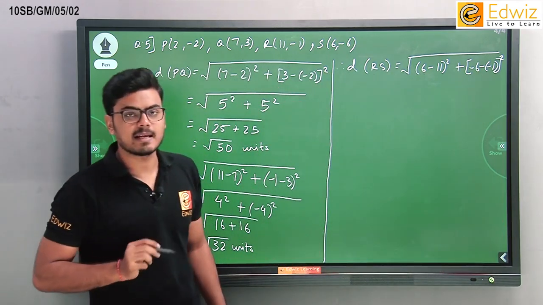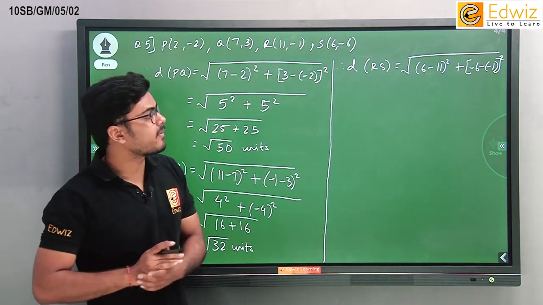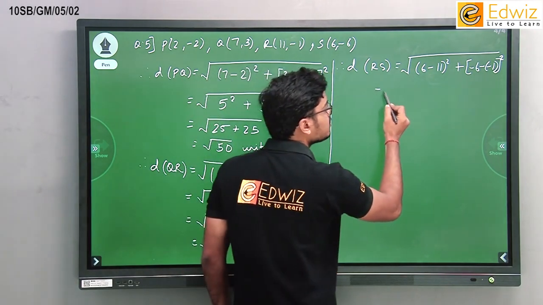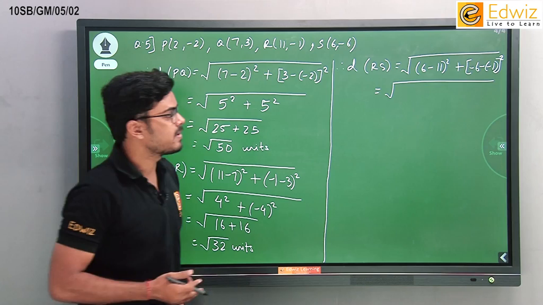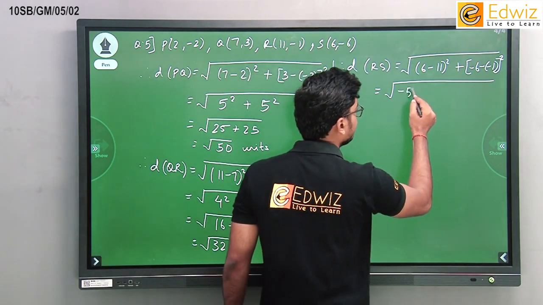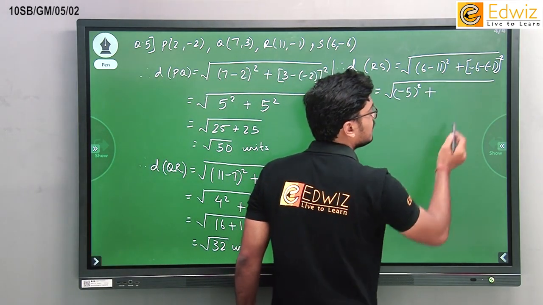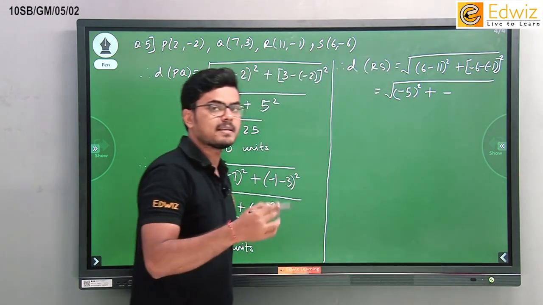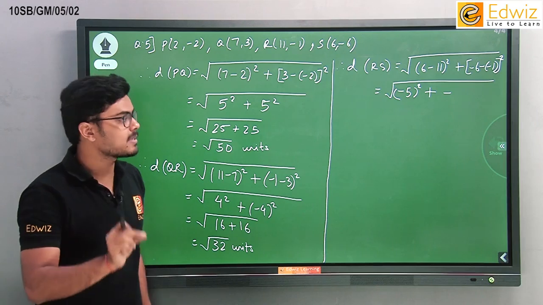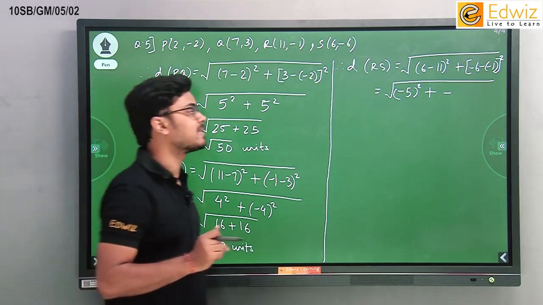This is the third distance that we are finding out. So this will be equal to the square root of 6 minus 11 is minus 5, so minus 5 square plus, this is minus 6 plus 1. Correct, minus 6, both negatives will become plus. So minus 6 plus 1 is minus 5.